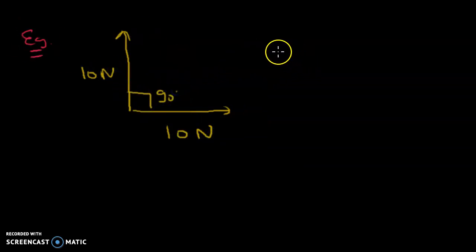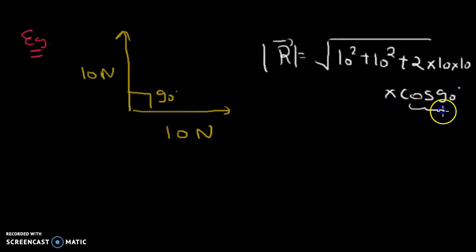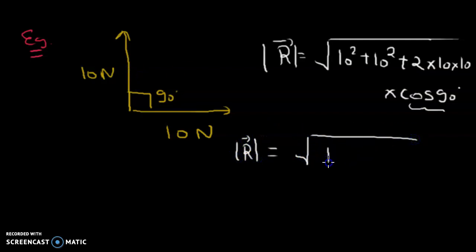I can again use the formula: the resultant magnitude is root of 10 square plus 10 square plus 2 into 10 into 10 into cos 90. The angle between the vectors is 90 and cos 90 is 0, which makes the magnitude root of 100 plus 100.